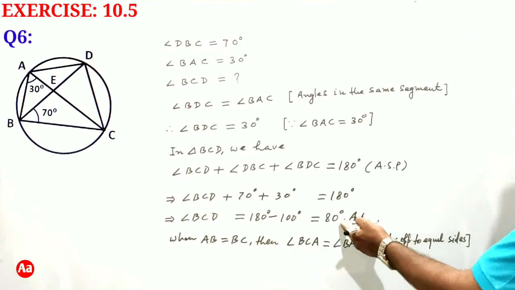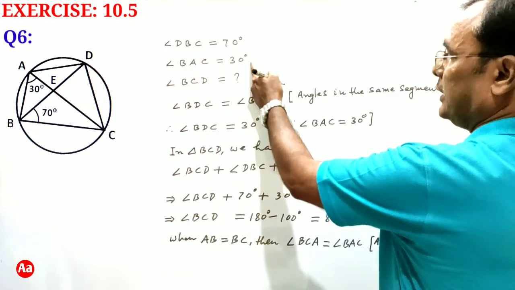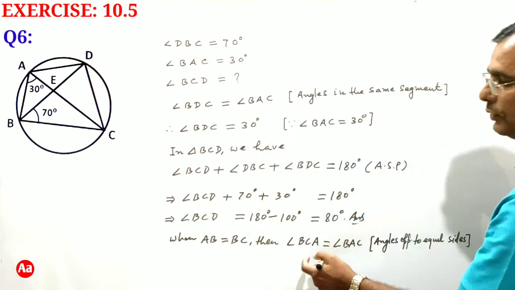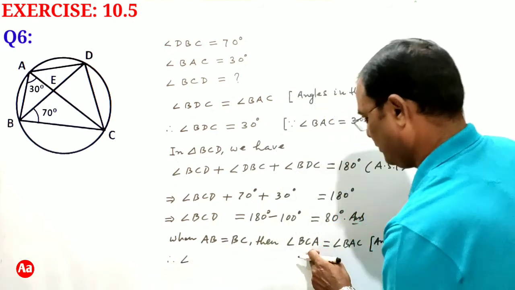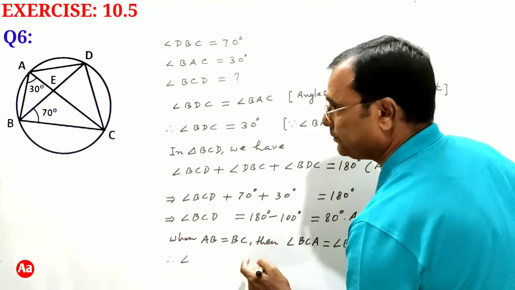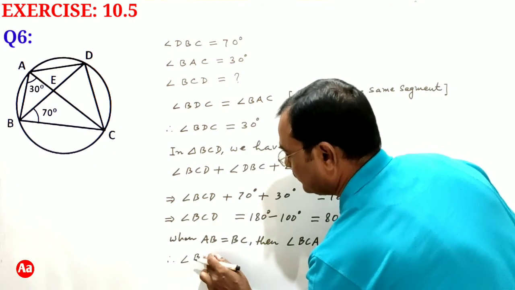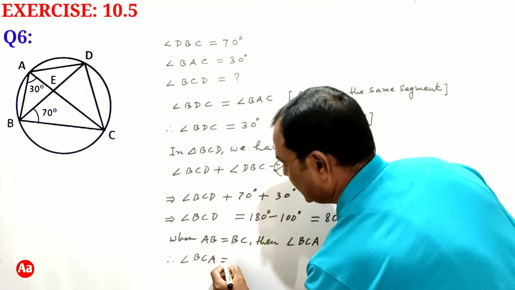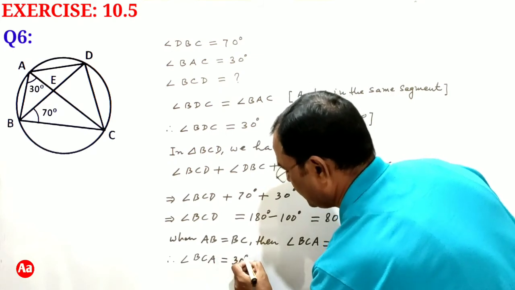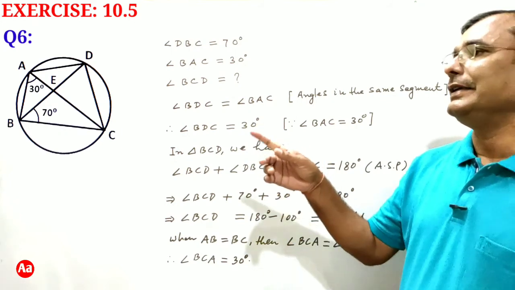Angle BAC is already given 30 degrees. So therefore angle BCA is also equal to 30 degrees, and we have to find angle ECD now.